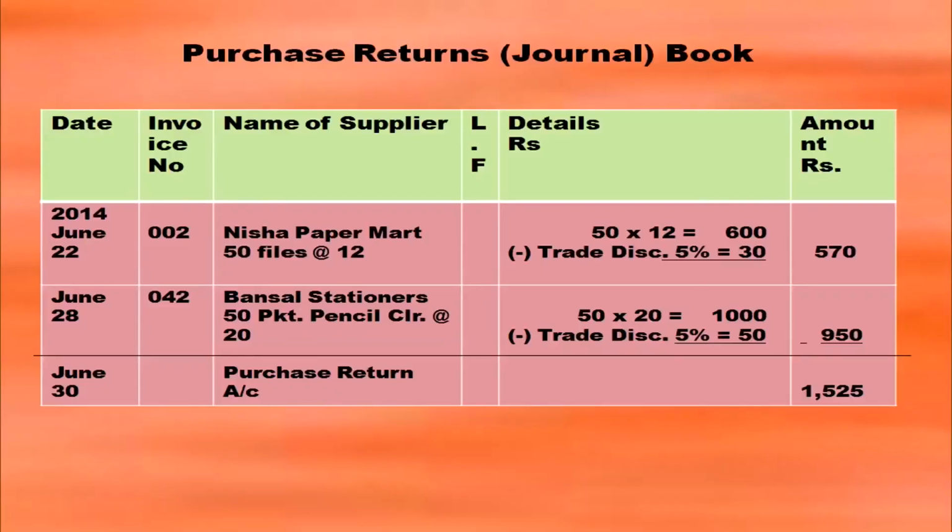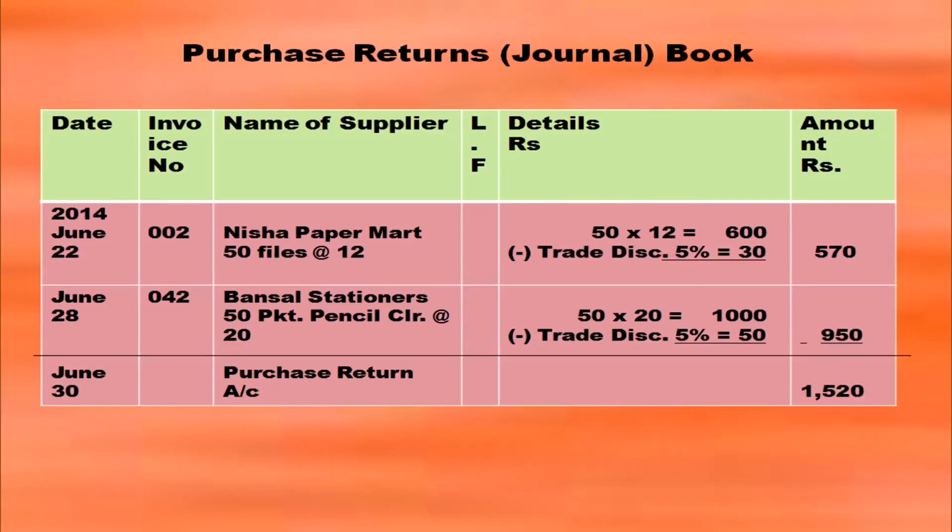Earlier we didn't open the purchases returns book. Now we have to open the purchases returns book for this question, because they have returned some goods to Nisha Paper Mart as well as to Bensel Stationers. Heading: Purchases Returns Journal or Purchases Returns Book.